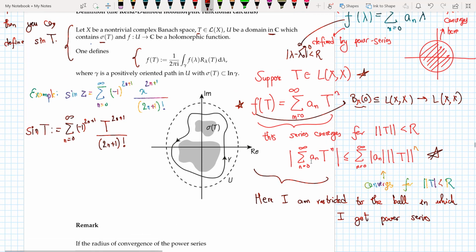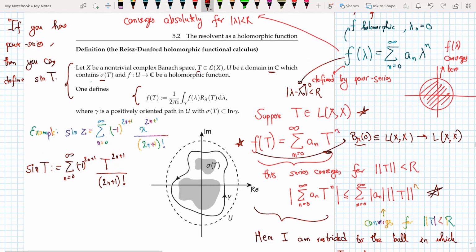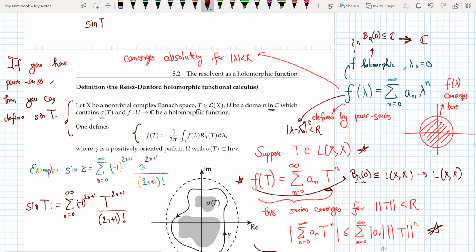And similarly here, I define a functional calculus, and all those functions which can be represented by a power series, I can define f of T of such functions with the help of this formula. So therefore I can talk about sine of T now, and this is all I wanted to cover in this section.